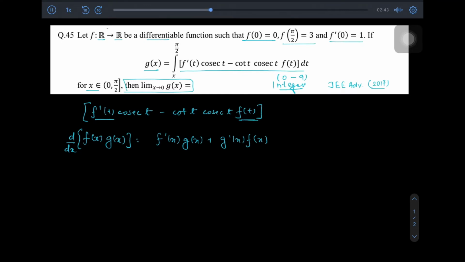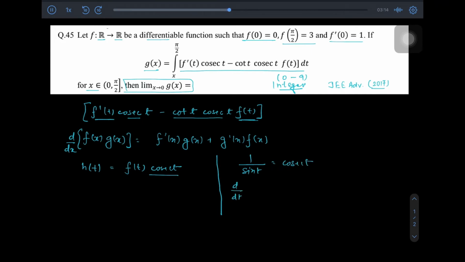So this function must be some differentiation of two functions that are multiplied together. So let us take a function h of t as f of t into cosec of t. The reason we are taking cosec of t is that if you differentiate cosec of t, you will get this function. If you don't know the differentiation of cosec of t, you can simply write cosec of t as 1 by sin t.